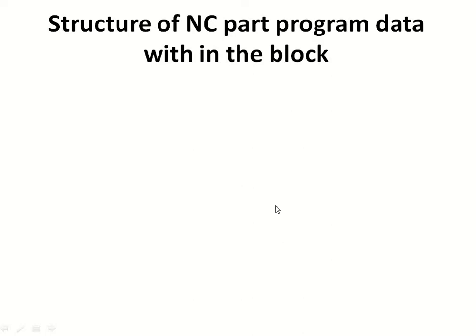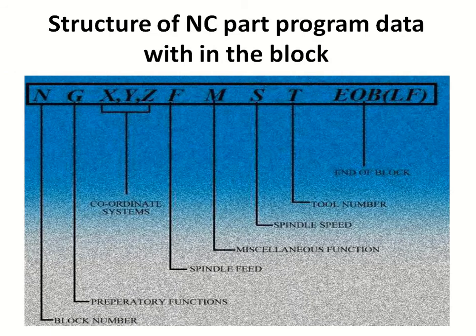The structure of NC part programming data within the block can be represented with letters. The first letter represents the block number. The second, a G code or M code, represents the preparatory function.